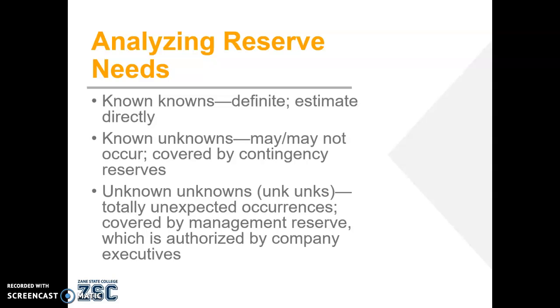A management reserve is basically funds set aside to deal with completely unexpected circumstances. And so we need to be prepared for things that we know are very likely to occur, as well as for the potentiality of things that are completely unpredictable and everything in between.